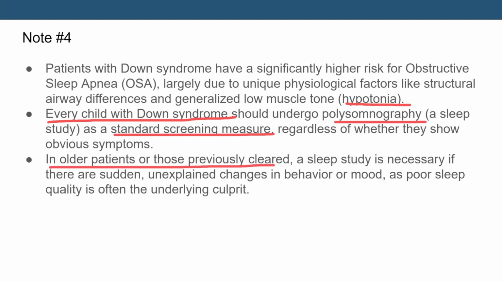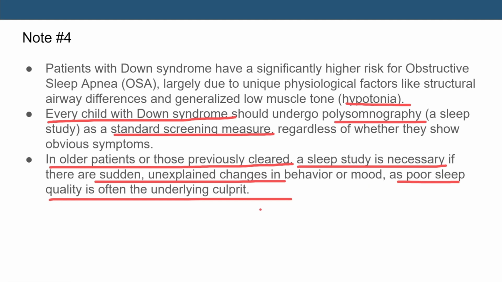In older patients or those previously cleared, a sleep study is necessary if there are sudden unexplained changes in behavior or mood, as poor sleep quality is often the underlying culprit. So basically, if you see a Down syndrome patient getting agitated, what are you going to do? You're going to do a polysomnography.